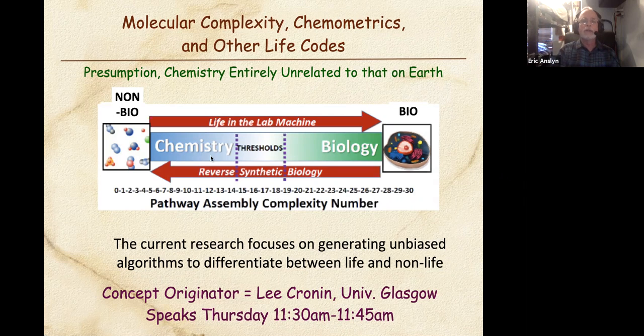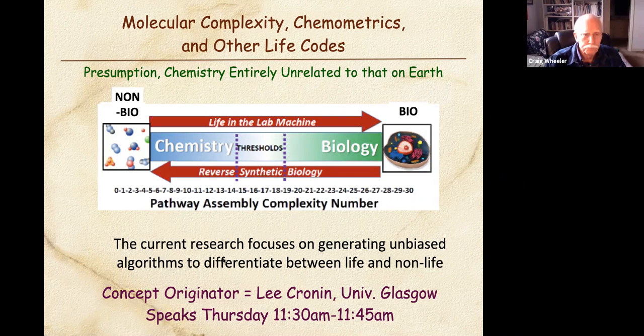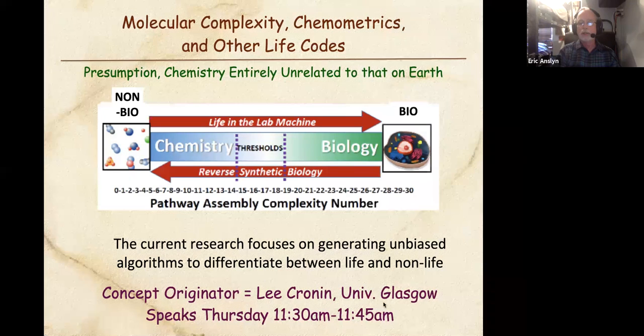So when does chemistry pass a threshold to become biology? There you go. I'm very good friends with a professor at University of Glasgow, and I'm sorry, this is left over from a lecture we gave back to back several years ago. His name is Lee Cronin, and he's come up with a molecular complexity scale that's referred to as the pathway assembly number.